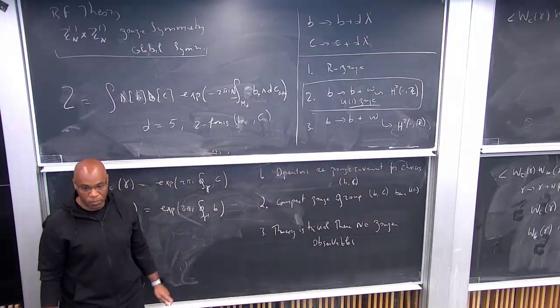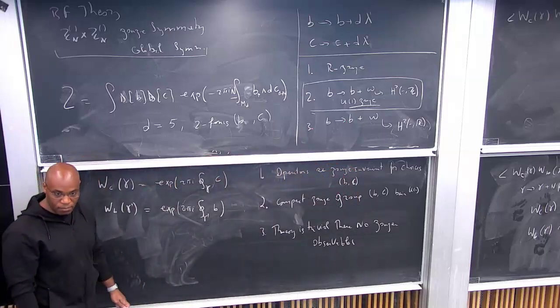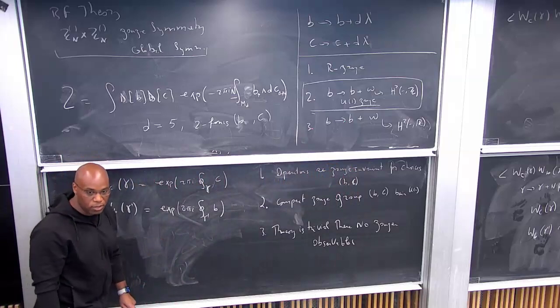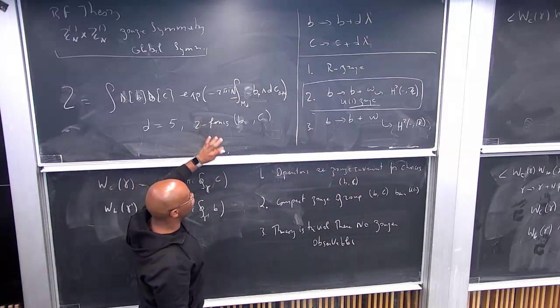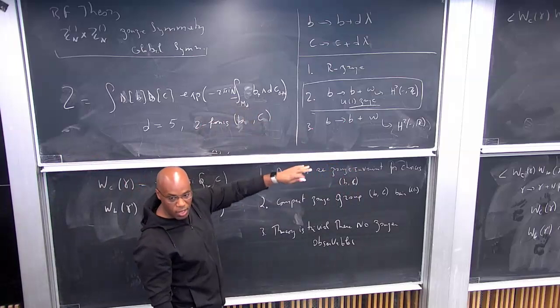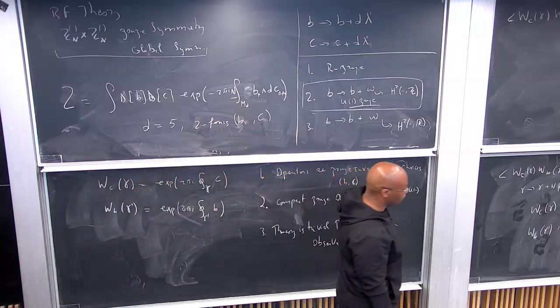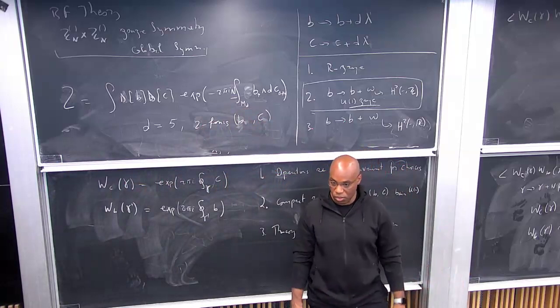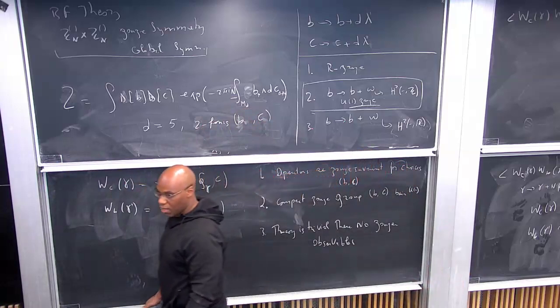So in the beginning, when you had written down, this theory has a Zn cross Zn gauge, global symmetry, you were talking about this one form symmetry. So let me get to the global symmetry, right? In this construction, we started with a U1 times U1, and then we observed that when you study the actual observables, the observables tell you that you have a smaller gauge group, which is a Zn times Zn, not a U1.